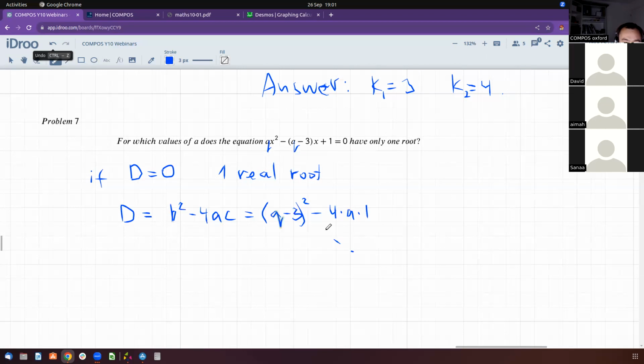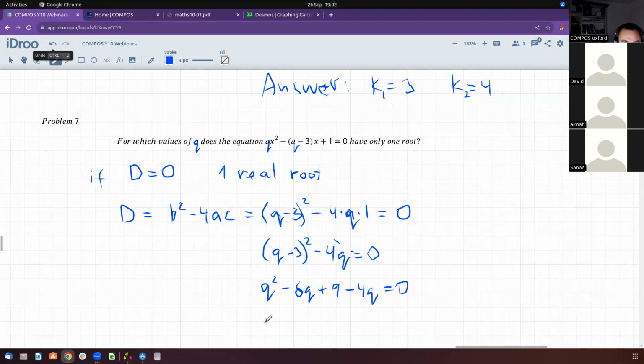So it's q minus 3 squared minus 4 times q times 1, and that has to equal 0. Open the brackets: q squared minus 6q plus 9 minus 4q is equal to 0. So it's q squared minus 10q plus 9 equals 0.